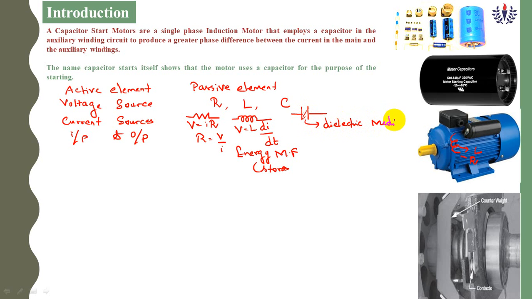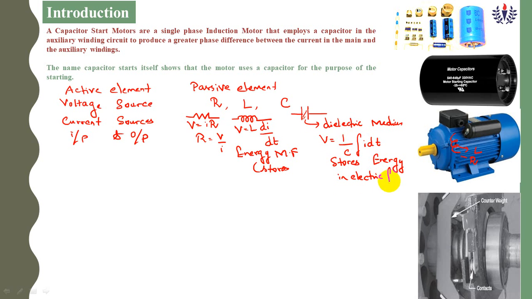If we apply the voltage, we can get V equal to 1 by C integral of I dt, because capacitance is a property which stores energy in the electric field.